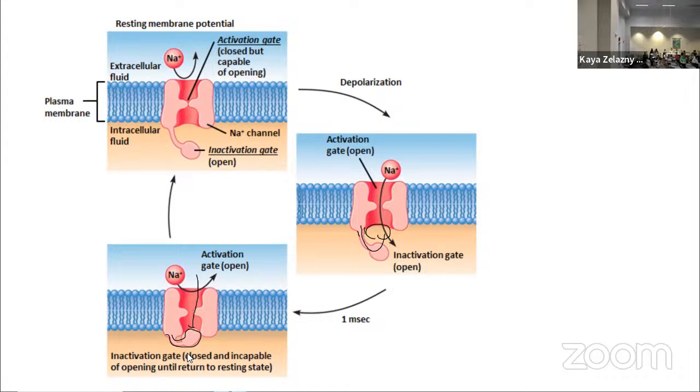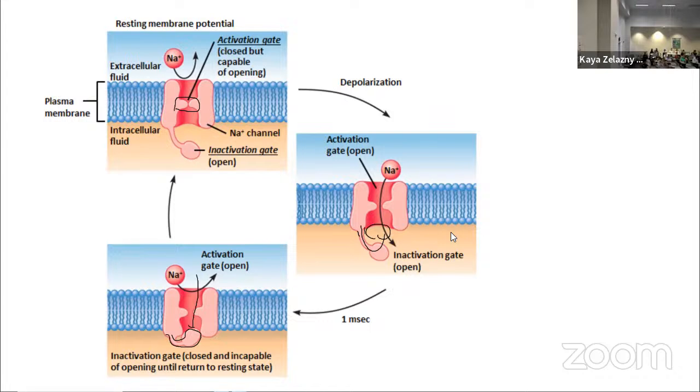As we get back to rest, those inactivation gates swing back open, but at the same time, the activation gates close back over. So this is all happening as we're resetting to our original resting potential. So we have these two pieces that we have to think about.